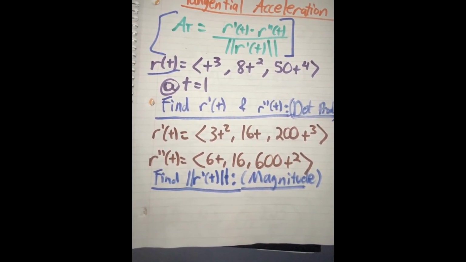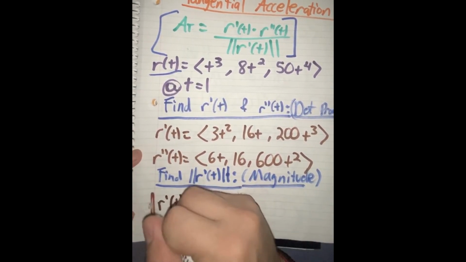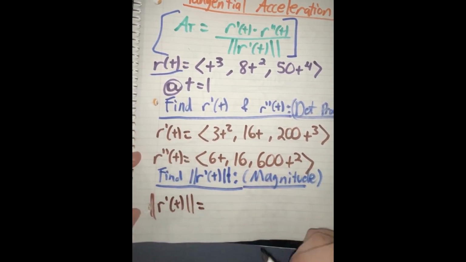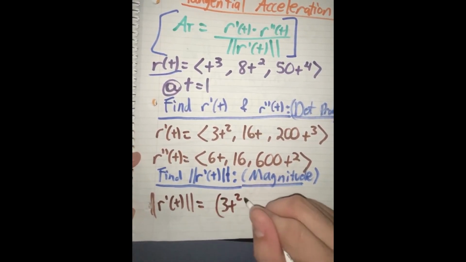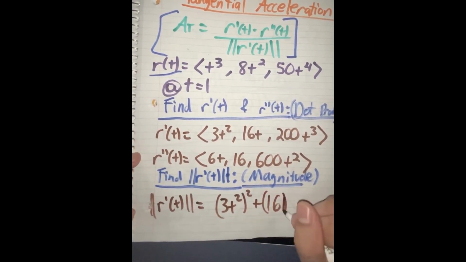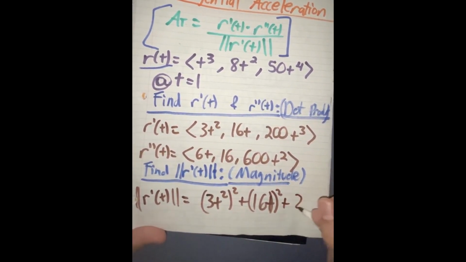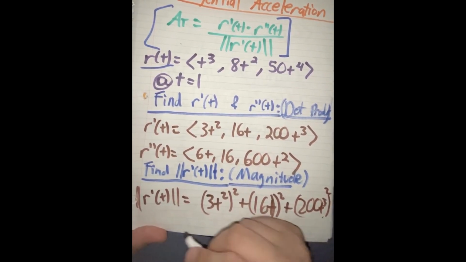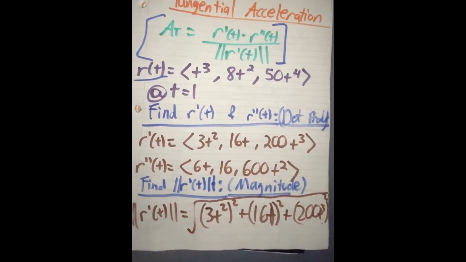So in doing so, the magnitude of r prime of t, not r double prime, of r prime of t, because magnitude of velocity is speed, so we're going to compute 3t squared squared plus 16t squared plus 200t cubed squared inside a square root.